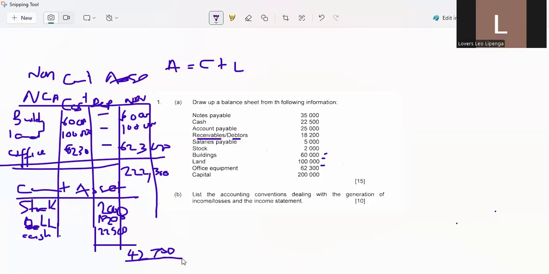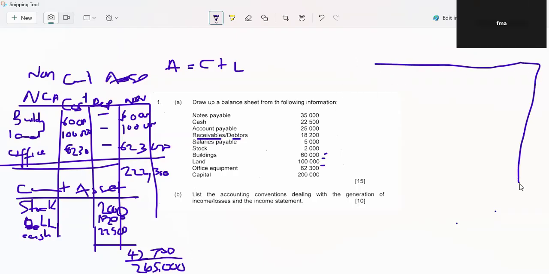It's giving you 265,000. Okay, so we are done with the assets, and we go to the other side now.